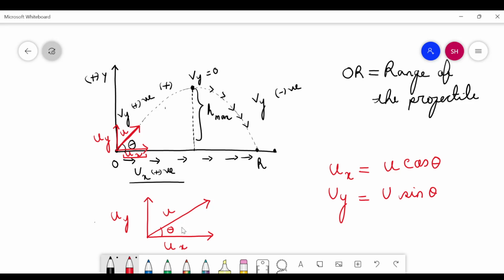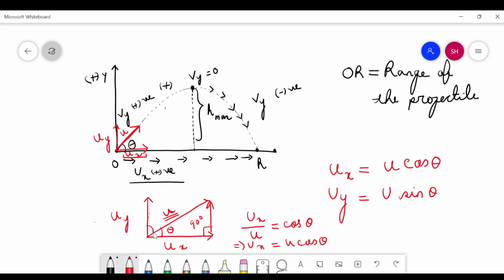If this is theta, we can just parallelly take this uy here, and this is u, this is 90 degrees. That means, by the hypotenuse, ux by u is equal to cos theta, hence ux will be equal to u cos theta.